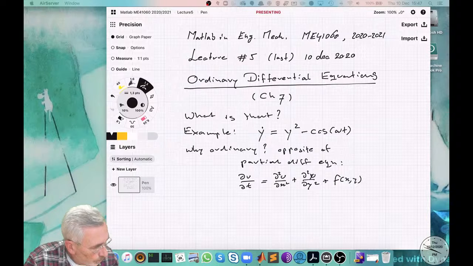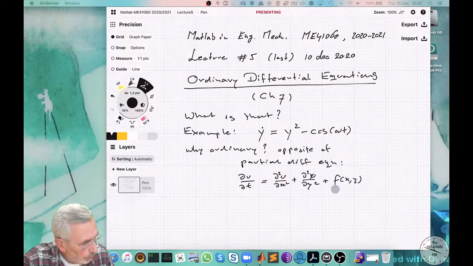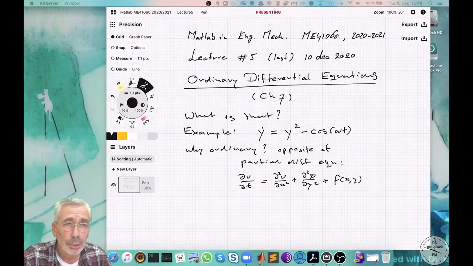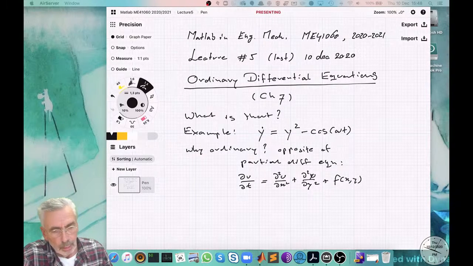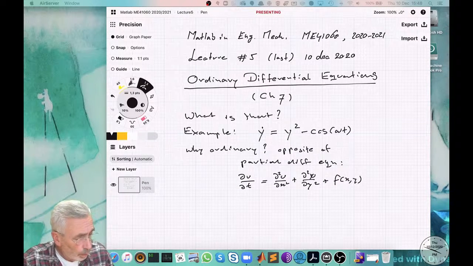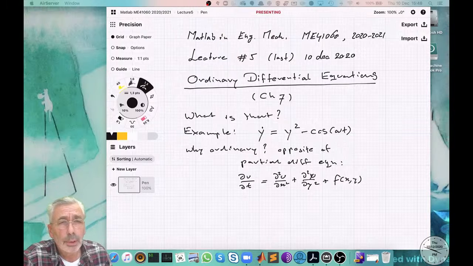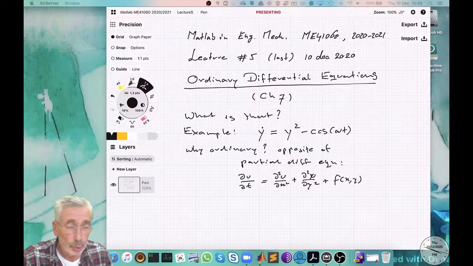So what do we see? We see partial derivatives here. We see a derivative with respect to time and a derivative with respect to place, and it is a function of place and position. So this can be a wave equation in elastica or something like that. These are highly complex equations which we usually solve by discretizing in space.